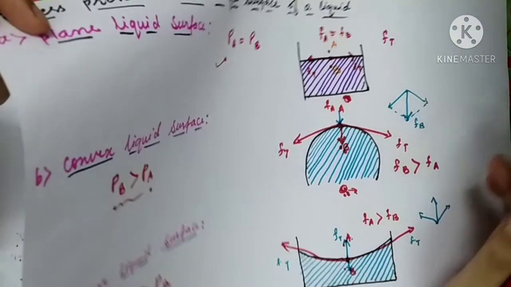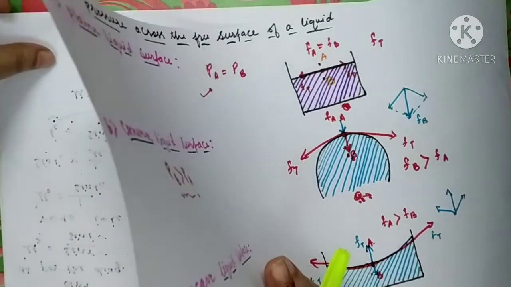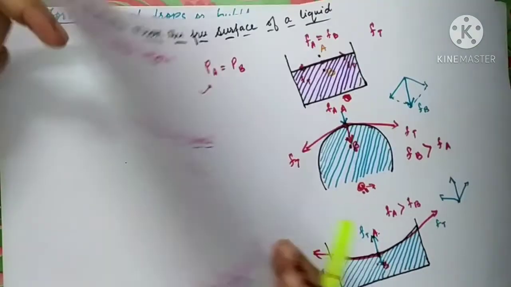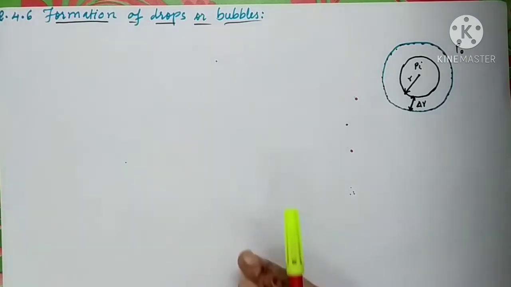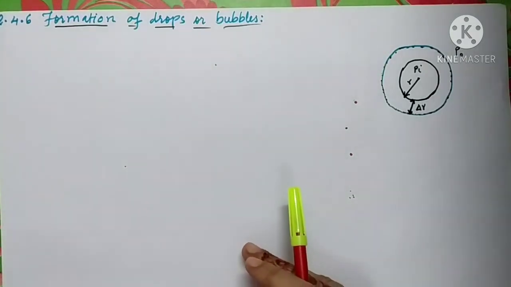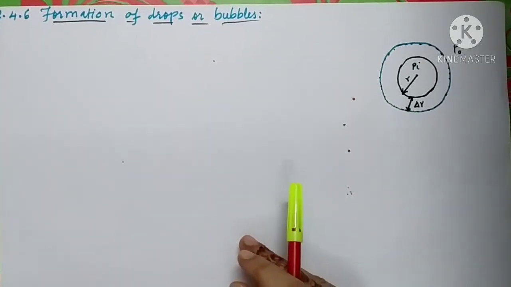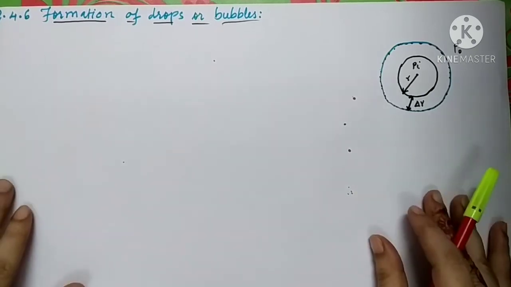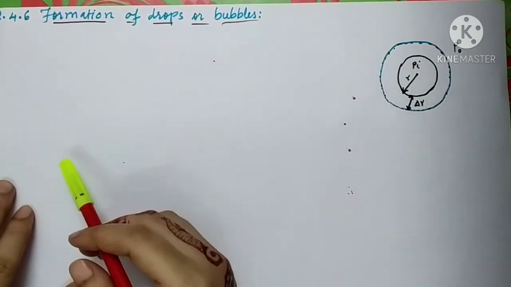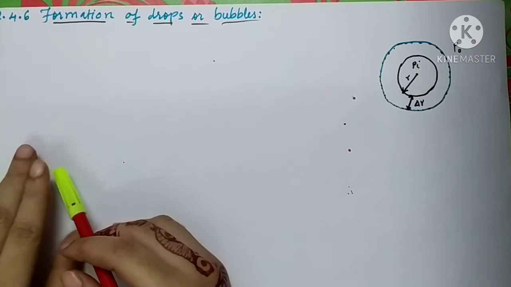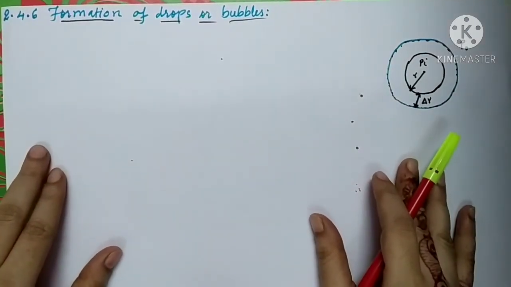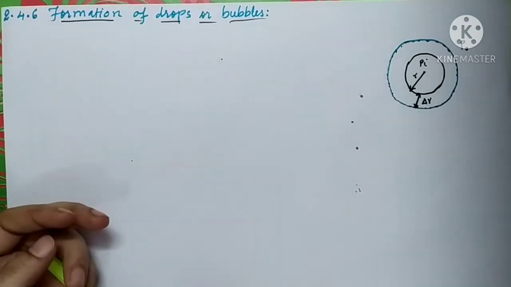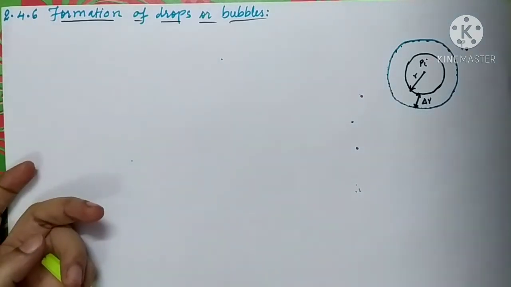Now let's move further to the very important derivation of your textbook: excess pressure inside a liquid drop or inside a soap bubble. We all know that liquid drops and bubbles are almost spherical in shape. Though they are acted upon by the atmospheric pressure, they maintain their shape.